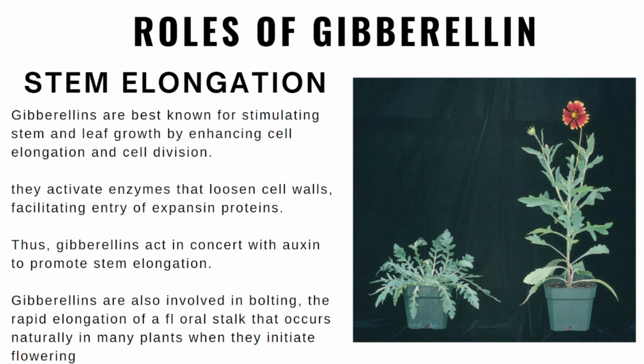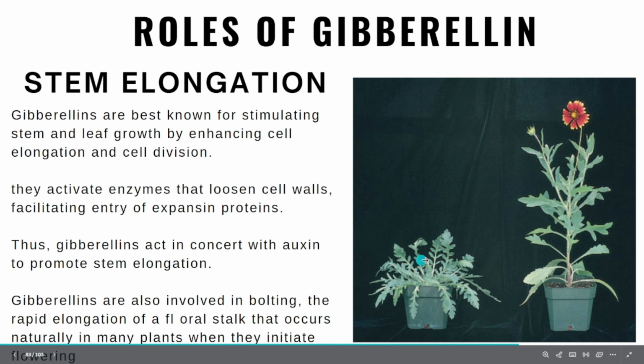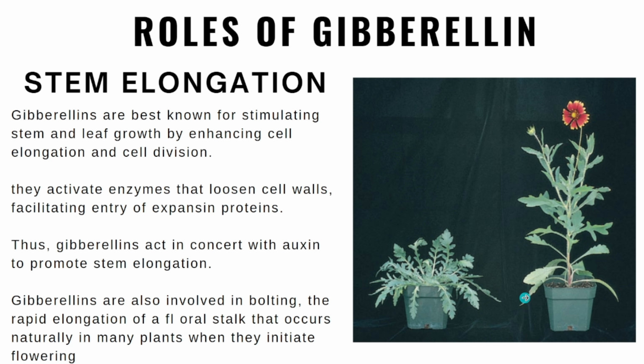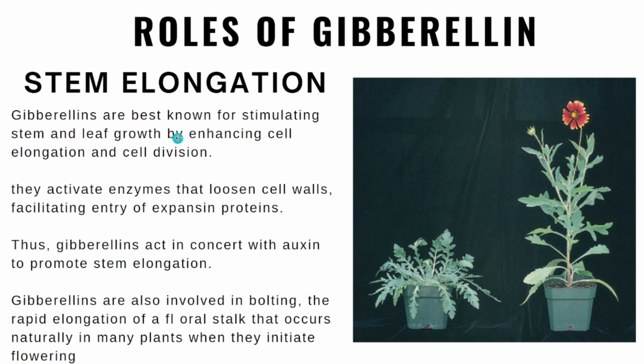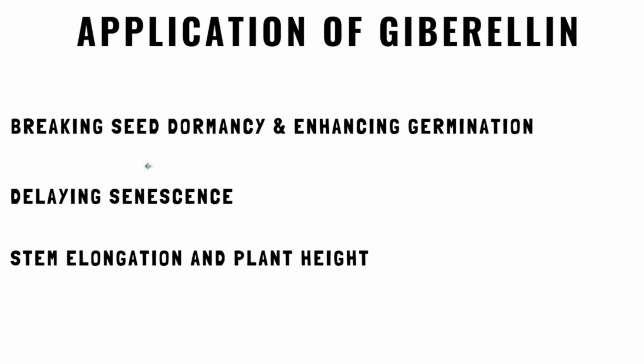Apart from seed germination, gibberellin also plays a role in stem elongation. These are two diagrams, one with gibberellin and one without gibberellin. This is the difference. Gibberellins are best known for stimulating the stem and enhancing cell elongation.